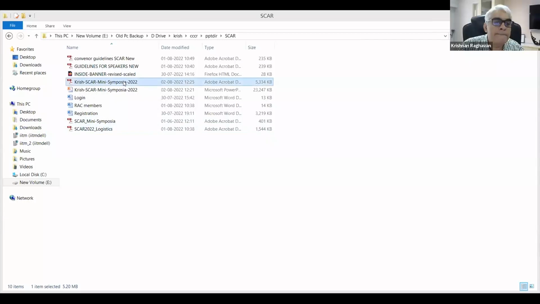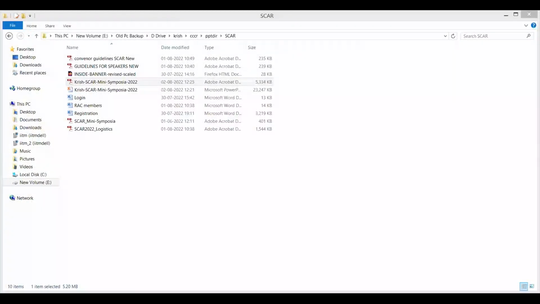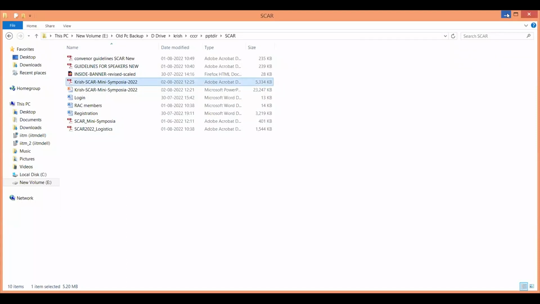Yep. Now I have to. Is it seen now? I think it should be coming. You have not clicked it. Did you click it? So you have to open the file and then click on share screen and select the file. Okay. I've opened the PDF file. Now you're clicking share screen, sir. Okay.